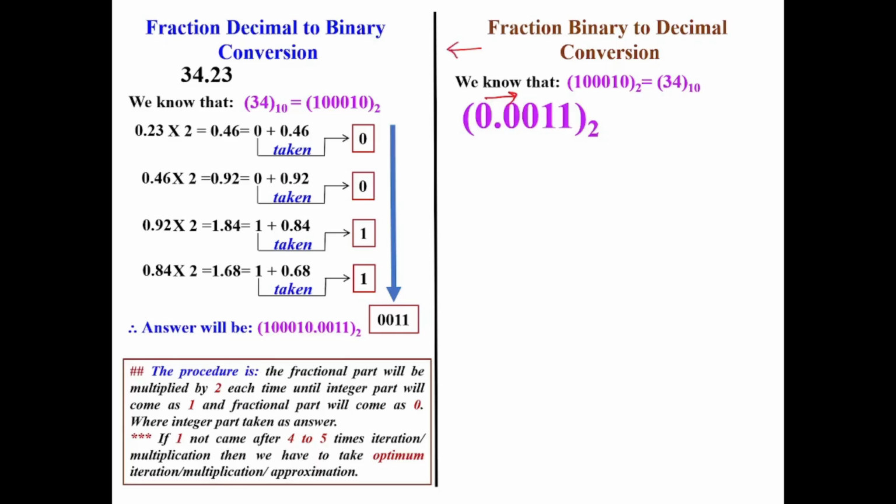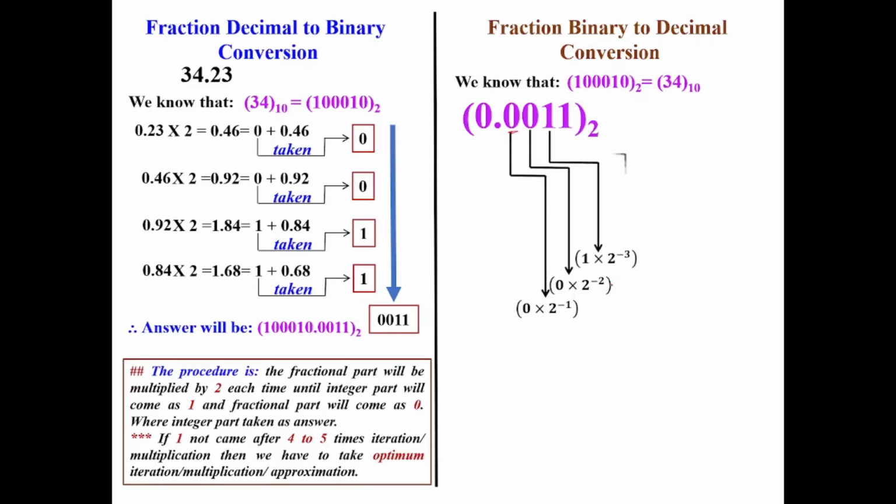You may remember I explained this in the first slide. We consider the first bit, 0, multiplied with 2 to the power minus 1. The second number, 0, multiplied with 2 to the power minus 2. The third number, 1, multiplied with 2 to the power minus 3. The fourth number, 1, multiplied with 2 to the power minus 4. This is the procedure to convert fractional binary to the corresponding decimal.